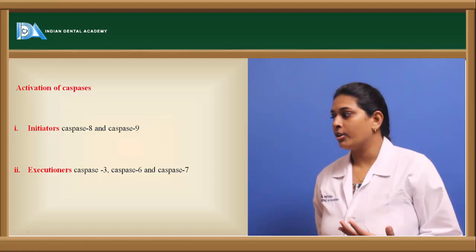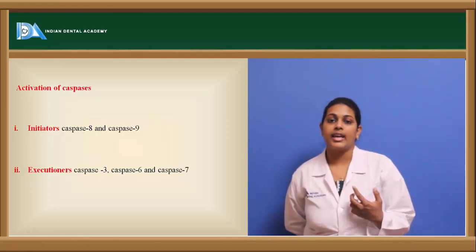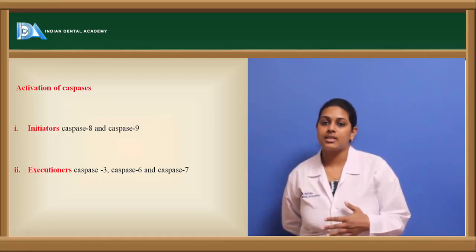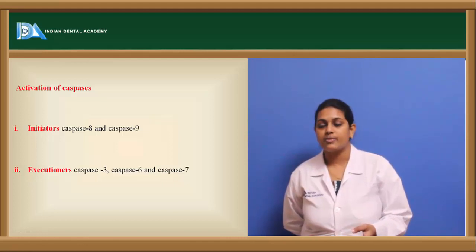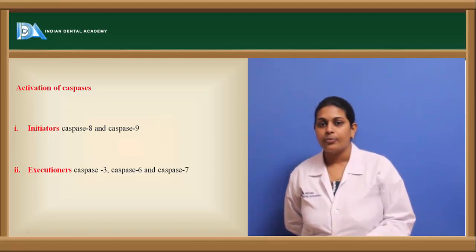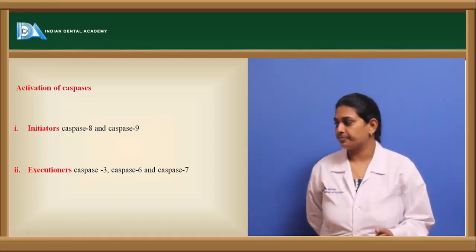We usually find apoptosis in two phases, the initiation phase and the execution phase. Caspases are similarly divided: the initiator caspases are caspases 8 and 9, whereas the execution caspases are 3, 6 and 7.